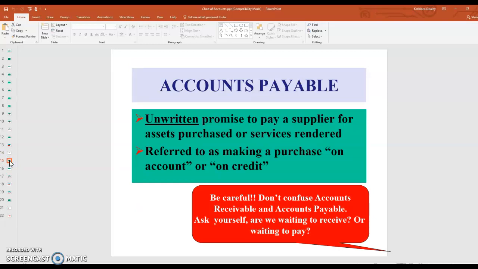Accounts payable is an unwritten promise to pay the supplier for the assets that we purchased or the services we received from them. So if we purchase some inventory, which is an asset, but we're going to pay them later, that is an unwritten promise to pay.